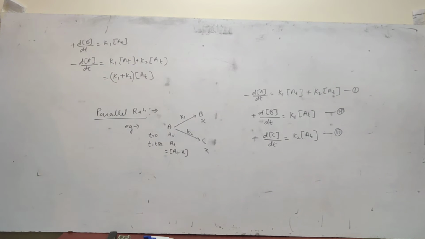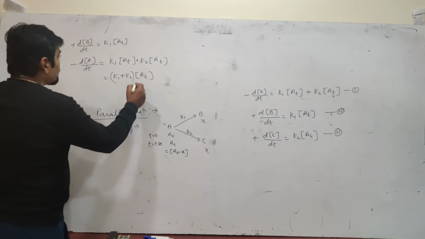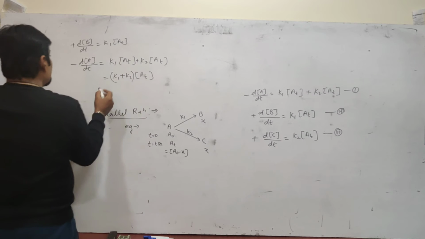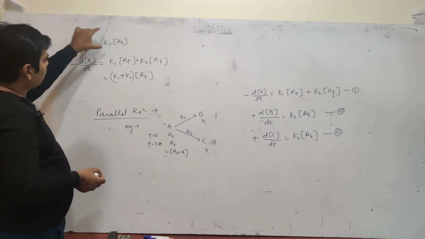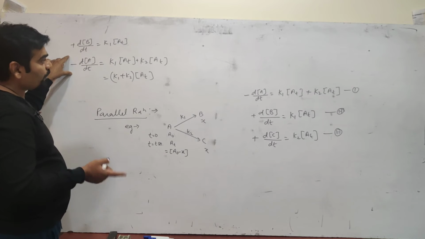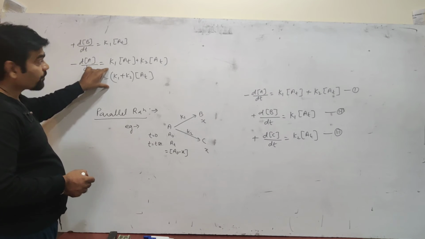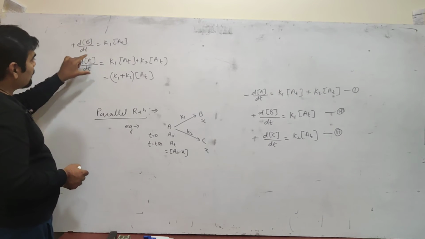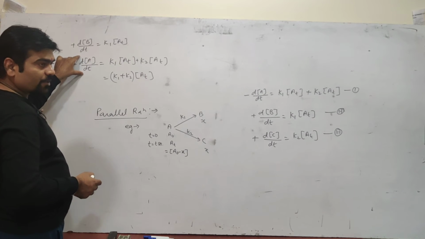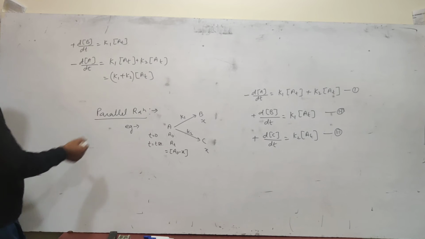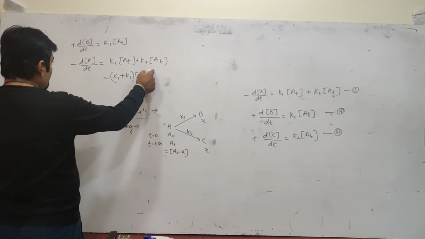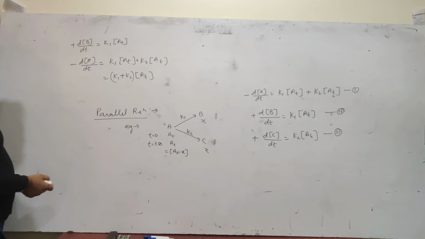So the rate of appearance of B is this, while the rate of disappearance of A is K1 plus K2 into [A] after time t. The power is 1, therefore it is an example of a first order reaction.